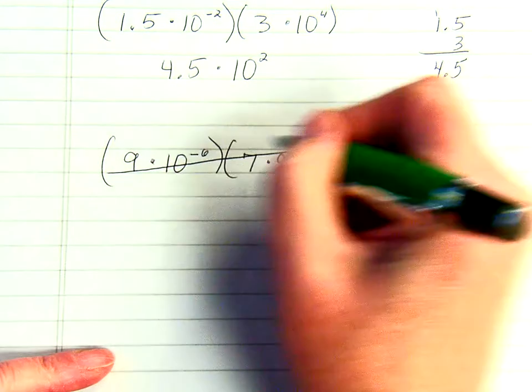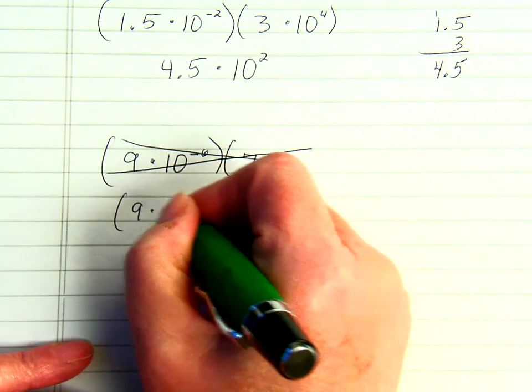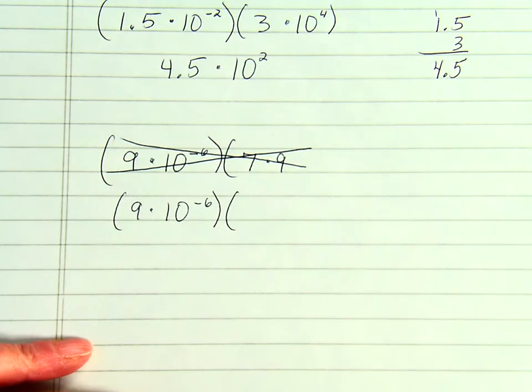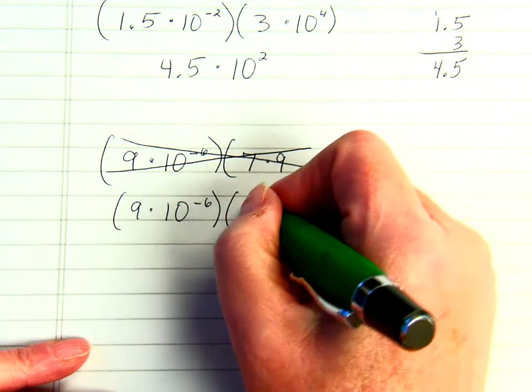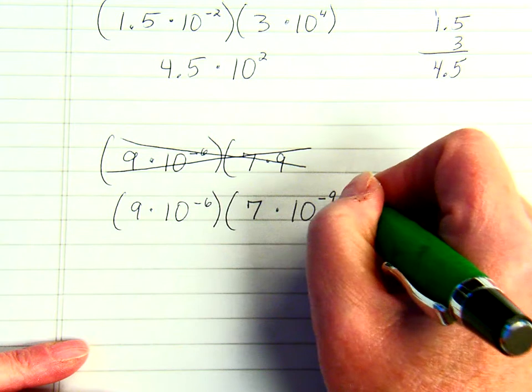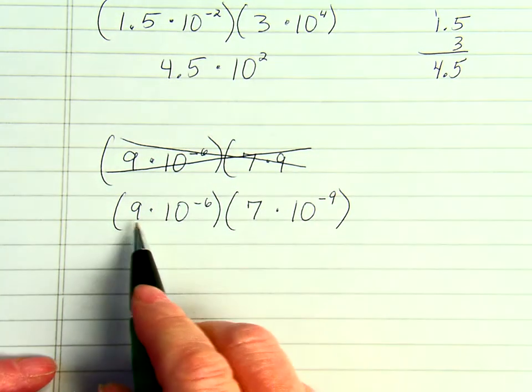Honestly, we're going to have to rewrite this whole thing. You all bring up the blooper reel and I start making bloopers. Okay, 7 times 10 to the negative 9. It is Friday afternoon, so, okay, have some mercy on me.